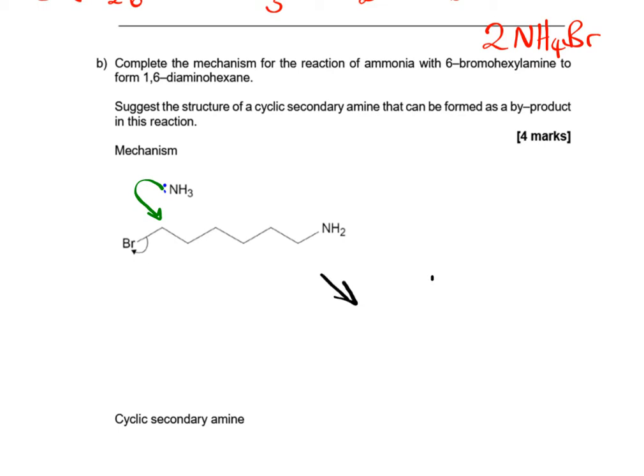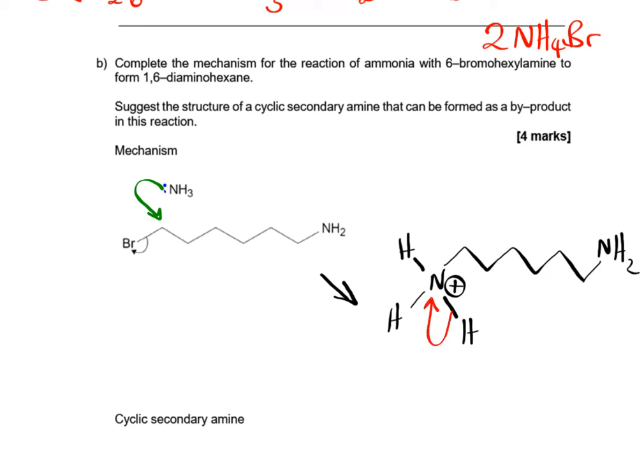So the ammonia has kicked out the bromine, so we've got 1, 2, 3, 4, 5, 6 carbons still there. We've got NH2 there. Remember that nitrogen needs to be positively charged, and I think I would just show one of those hydrogens leaving like that. If you want to bring an ammonia along to remove that, that's fine. It's just another arrow to watch out for.